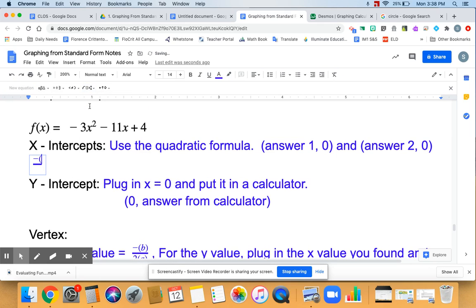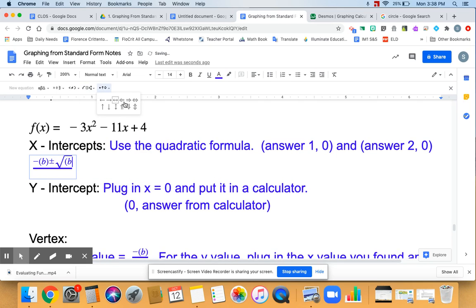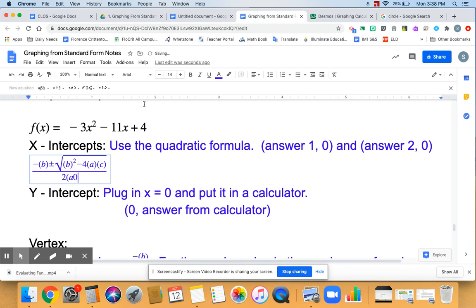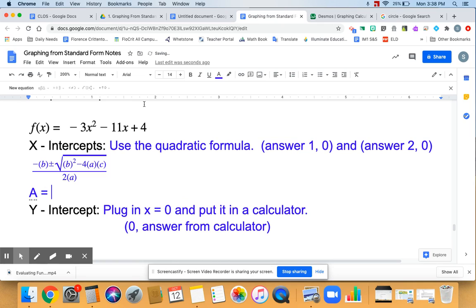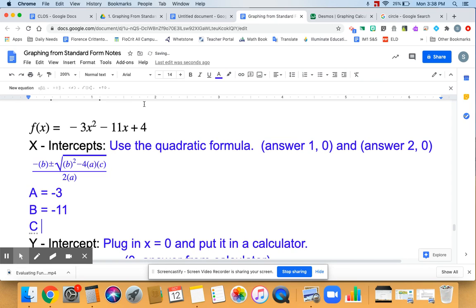The quadratic formula is negative b plus minus the square root of b squared minus 4 times a times c, all divided by 2 times a. So in this case, a equals what? Negative 3. b equals what? Negative 11. And c equals what? Positive 4.